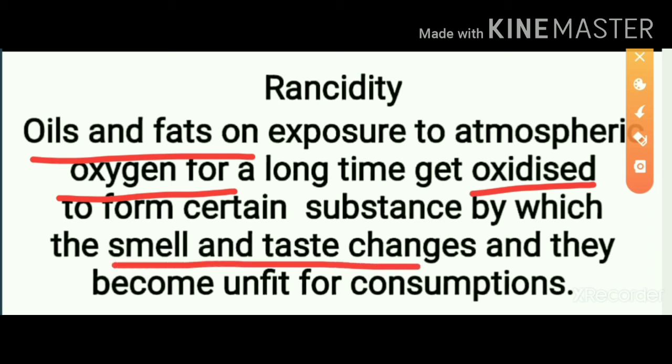So the smell and taste change and they become unfit for consumption.